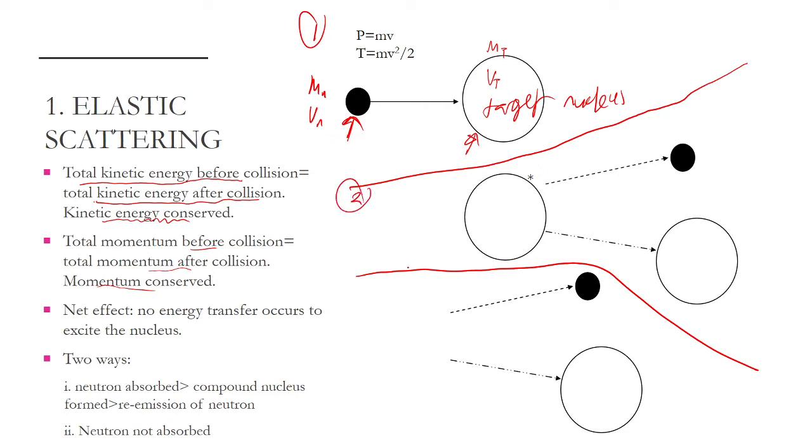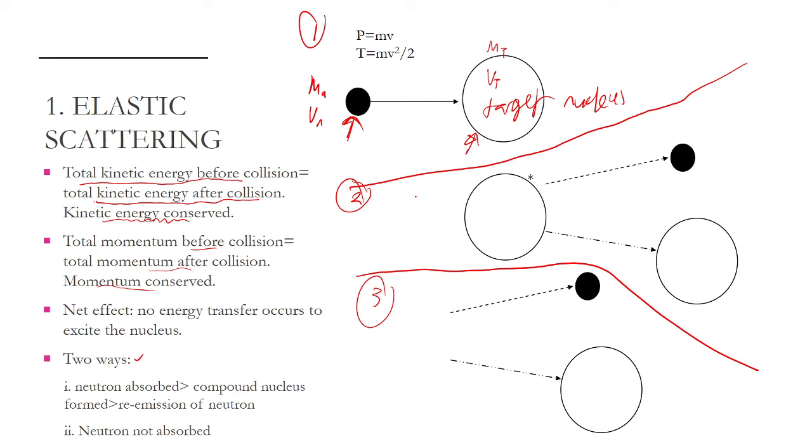This is the second picture. This is the third picture. The second and third pictures refer to the 2 possible ways the elastic scattering will end. So there are 2 ways.